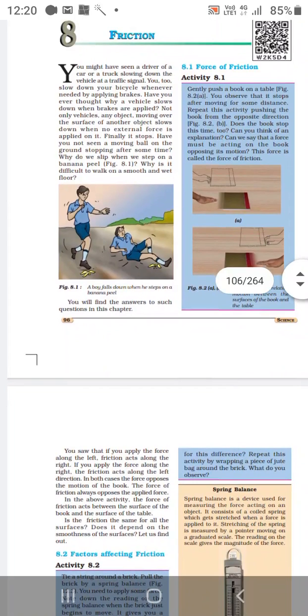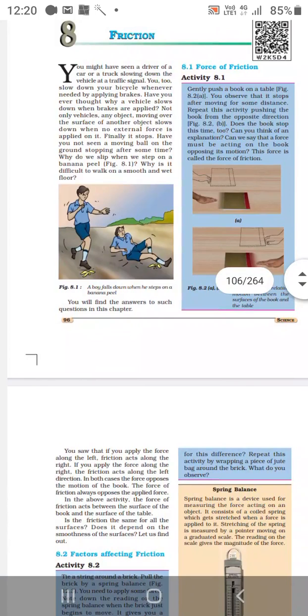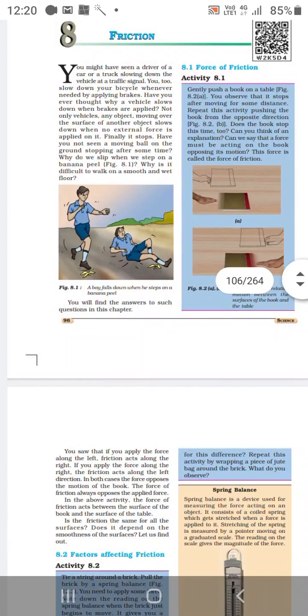Why do we slip when we step on a banana peel? Why is it difficult to walk on a smooth, wet floor?